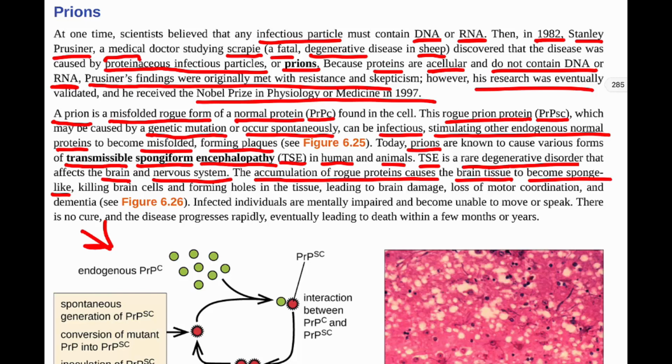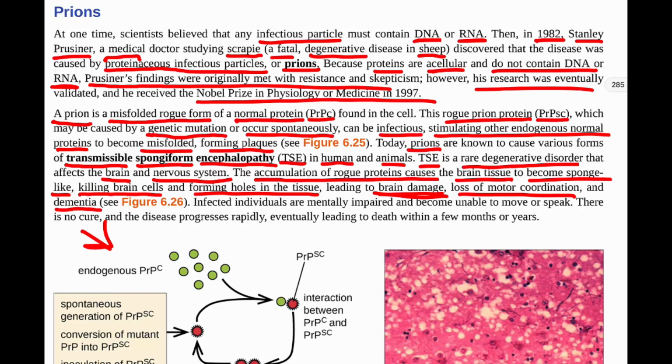It ends up killing brain cells and forming holes in the tissue, which then, of course, leads to brain damage because holes in our brain are not good and they're going to cause problems. So leading to brain damage, loss of motor coordination, so we start to miss pieces of the brain that allow us to control body parts, and then dementia. It starts to eat away at the brain, basically.